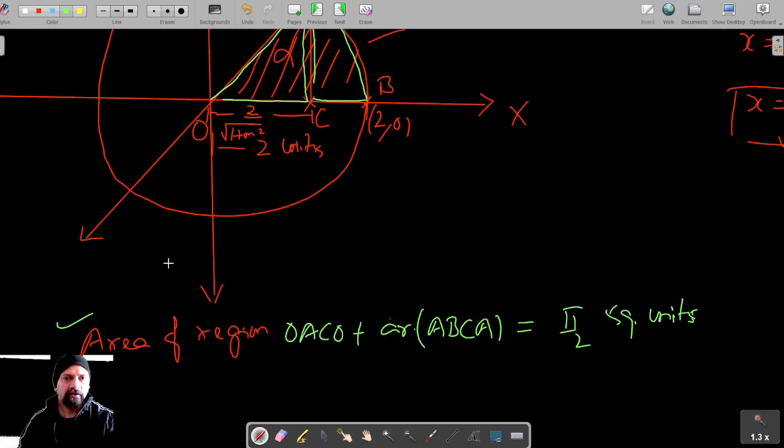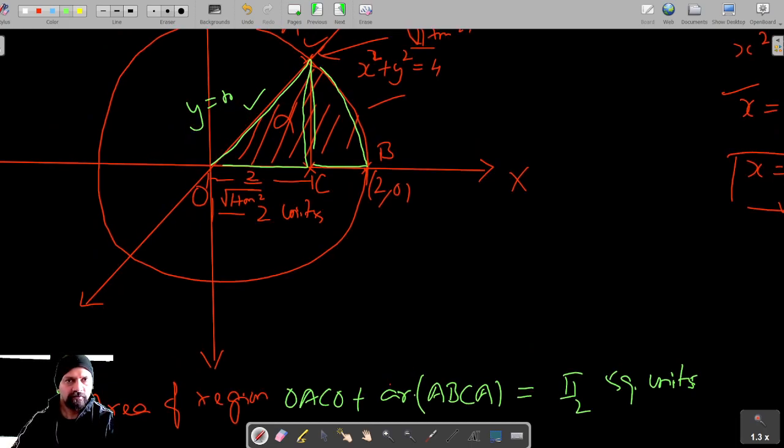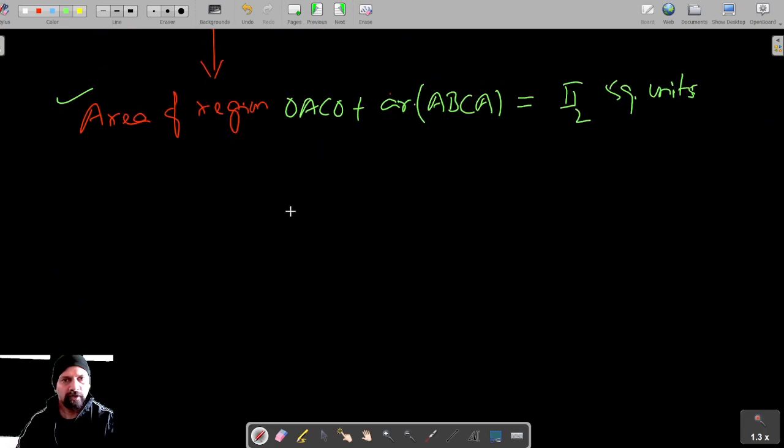Now the region OACO lies under the line y is equal to mx.